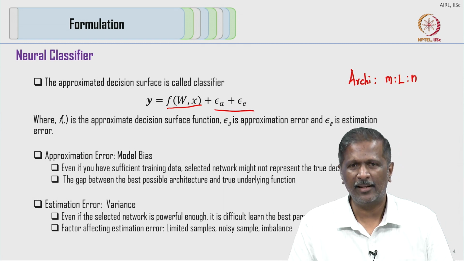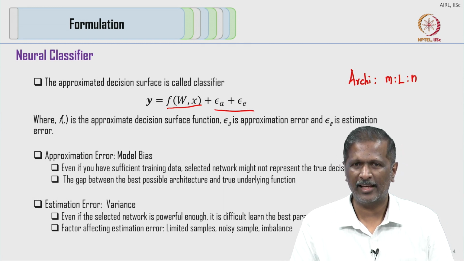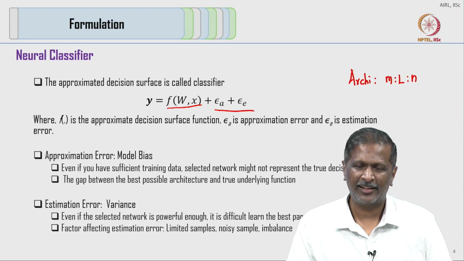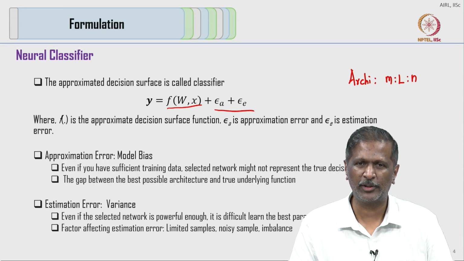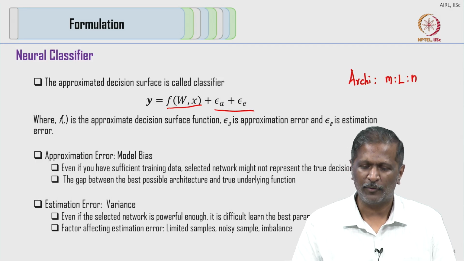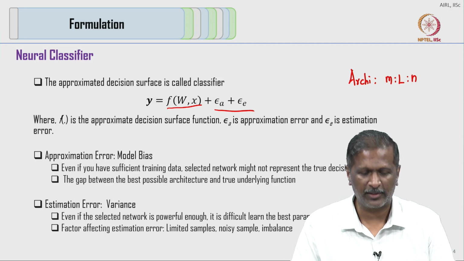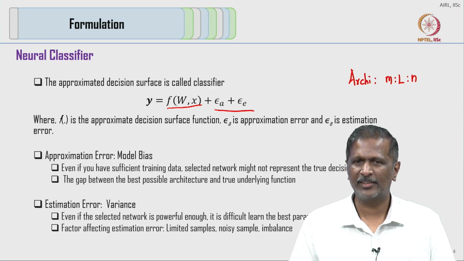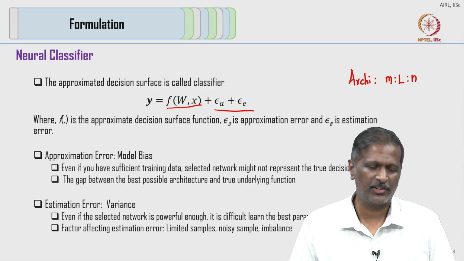How do you choose L? If you choose L too small, it affects the decision boundary approximation. If you choose L too big, it will also affect the decision boundary. For a given network and a given set of training data, it's very difficult to approximate the true decision boundary.